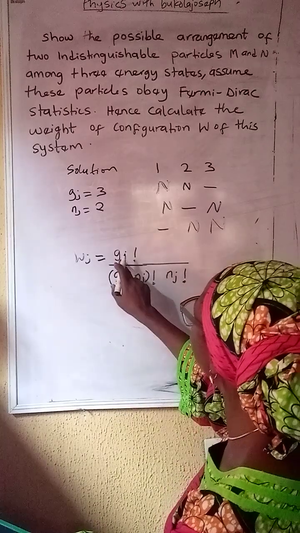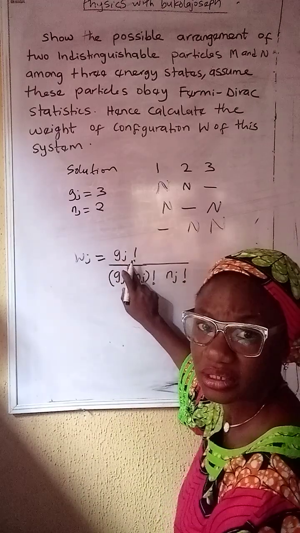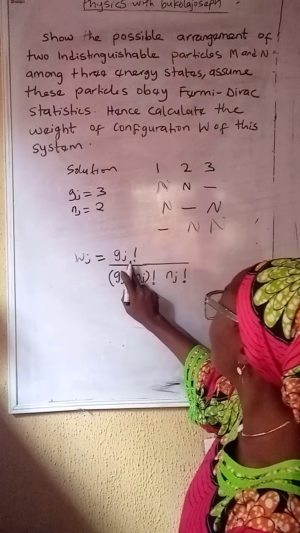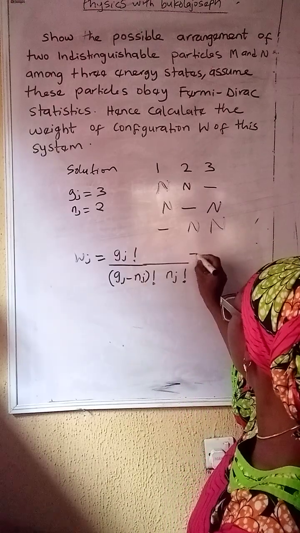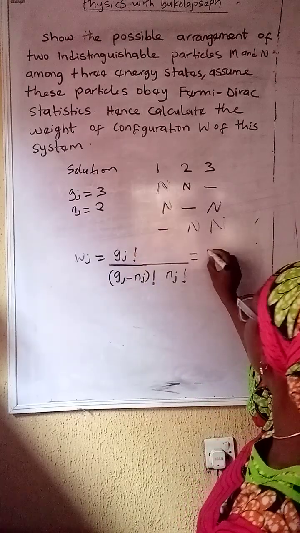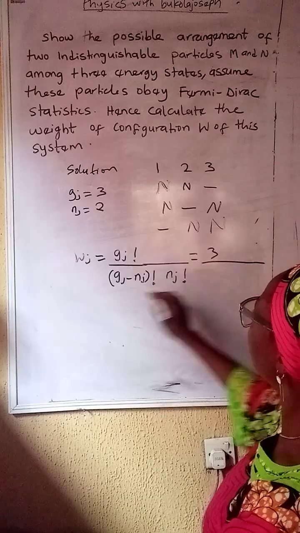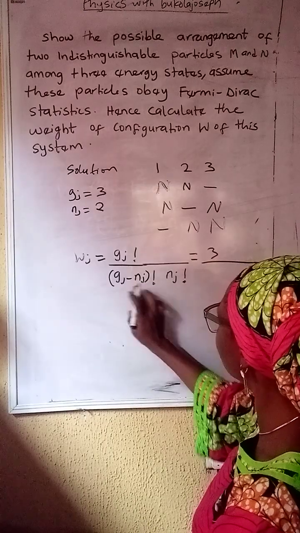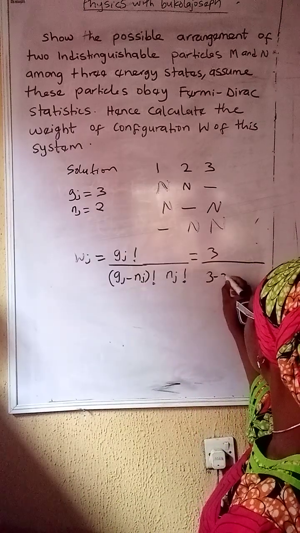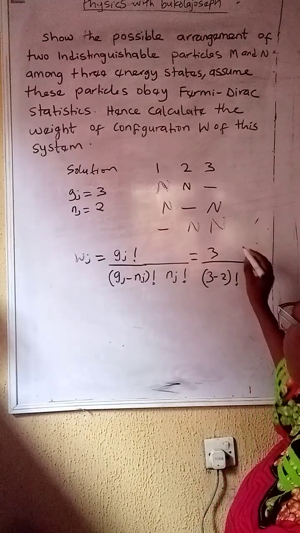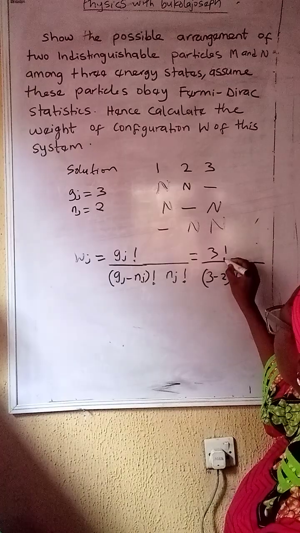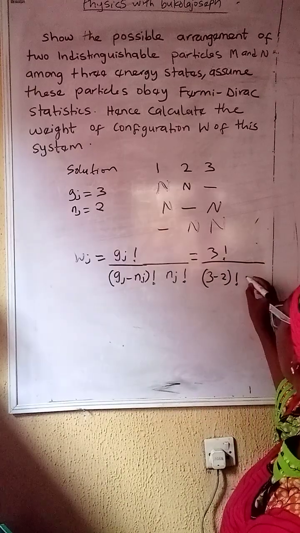Remember that Gj is the number of energy levels, and Nj is the number of particles. So let's substitute. We have Gj equal to 3 all over Gj minus Nj, that's 3 minus 2, factorial, times Nj, which is 2 factorial.